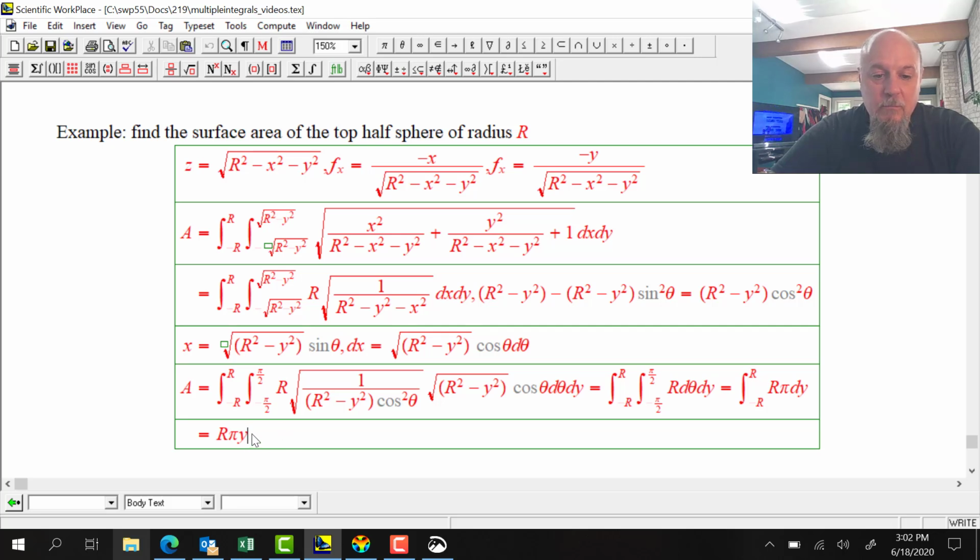Sub in the top, that'll be r squared pi, minus sub in the bottom, which would be minus, so let's see, minus a minus, so it's a plus, another one of those r squared pi's. Answer is 2 pi r squared.